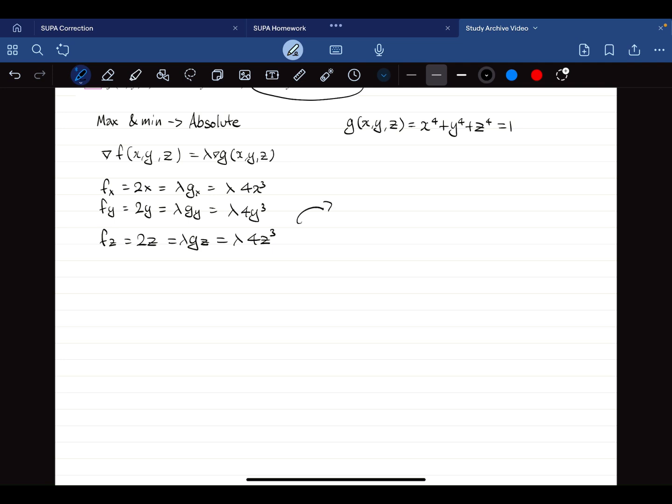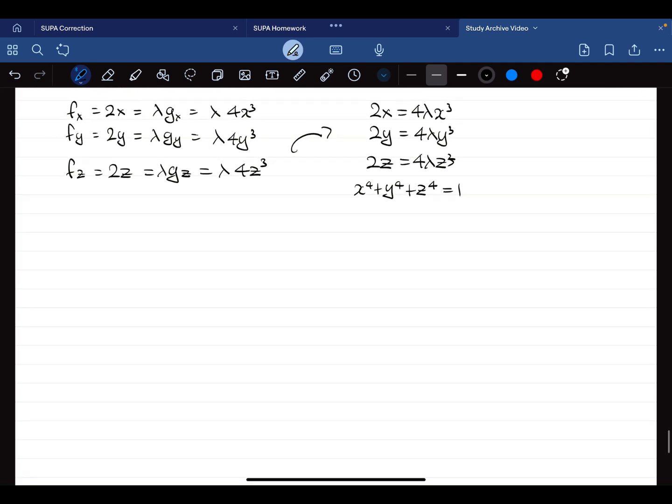If we rewrite that over here, it's going to mean 2x equals 4 lambda x cubed, 2y equals 4 lambda y cubed, and 2z equals 4 lambda z cubed. Of course, never forget the original constraint we had.